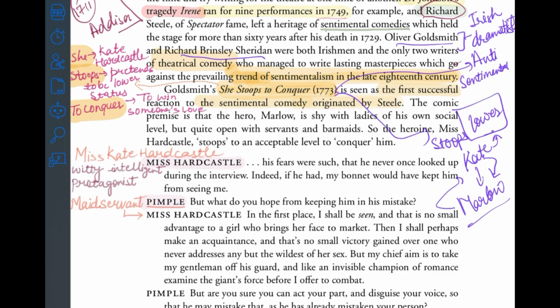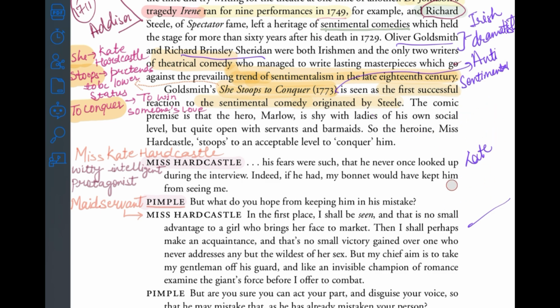So remember this fact, and I will tell you some of the other important facts as well. Publication date is 1773, and it is an anti-sentimental comedy, or you can say comedy of manners. Remember this word. You have to write its definition as well. Comedy of manners.